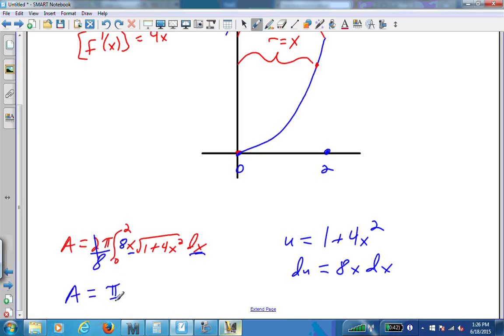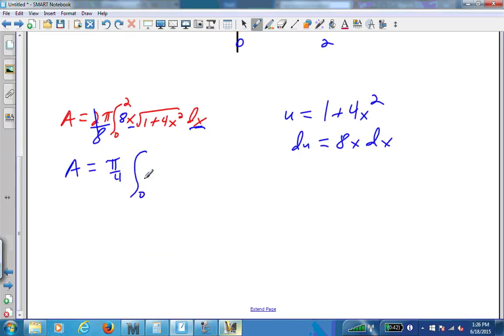That reduces to pi over 4 out front. We can call all of that 1 plus 4x squared to the 1/2, and then comes 8x dx. So du, u to the 1/2.